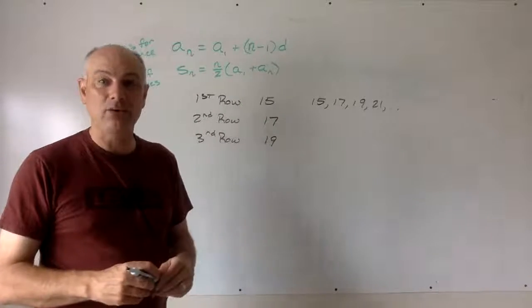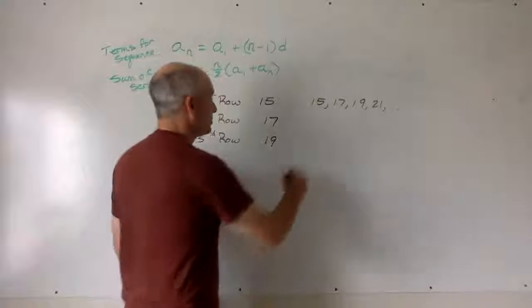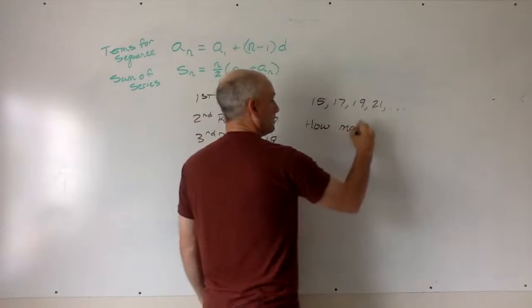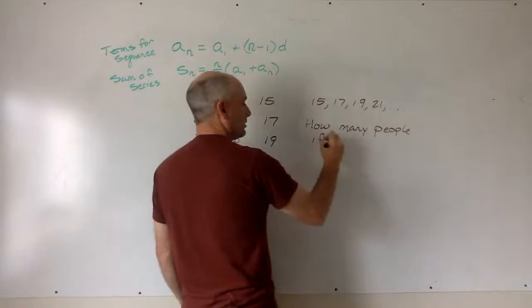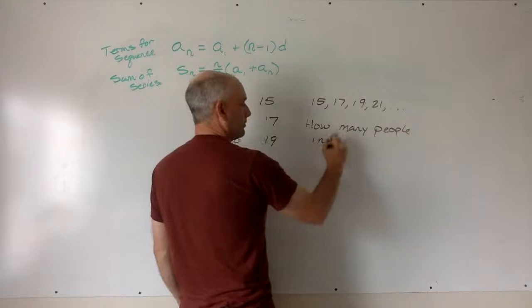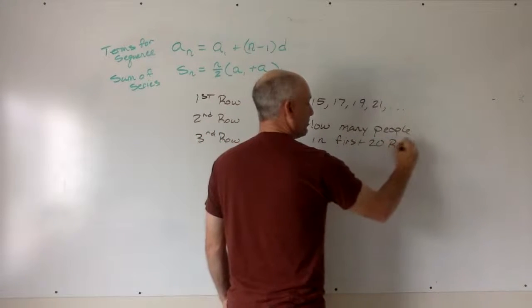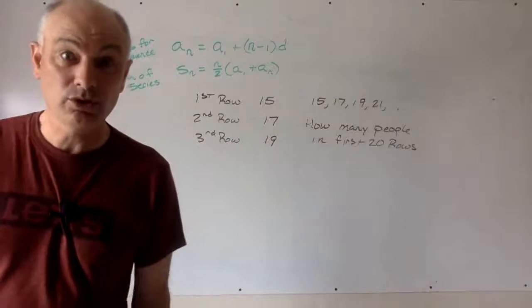Now notice that it says how many people can be seated in the first 20 rows. So how many people in the first 20 rows? That means you need to find 20 rows.